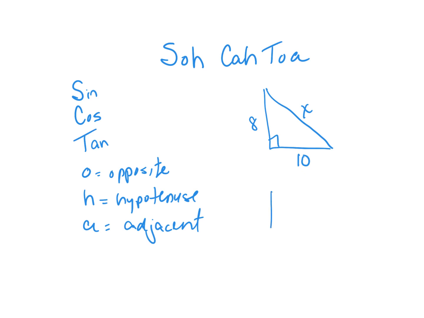But if I have a right triangle and I'm giving you an angle and a side, any side, and I want one of the other sides, we have to use SOHCAHTOA. So this is when we use SOHCAHTOA.